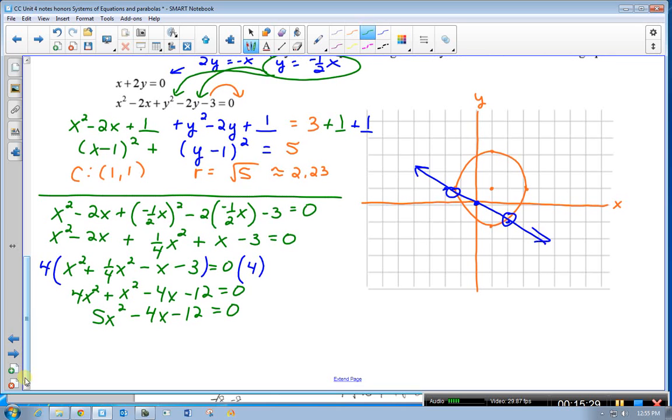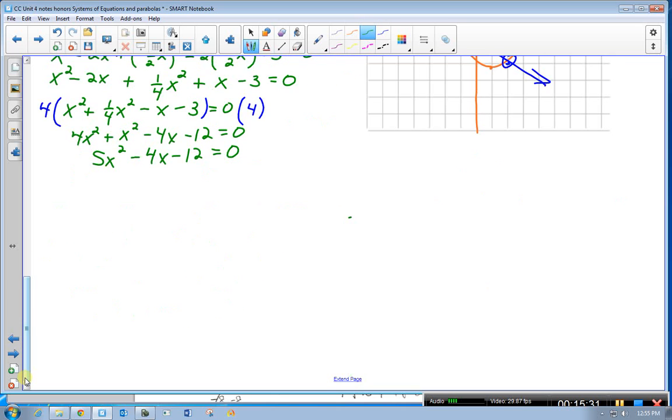All right, and doing a little bit of the factoring there, it's going to be 5x squared. Let's see, 12 and 5 give me what? So negative 60, so I need factors that give negative 60 and sum to negative 4.